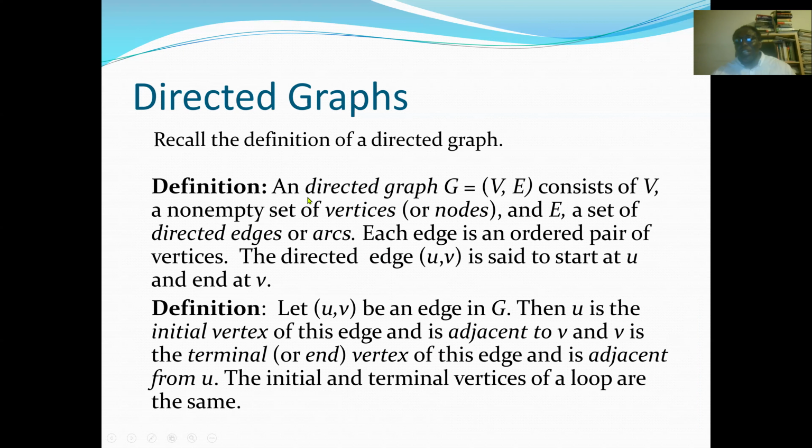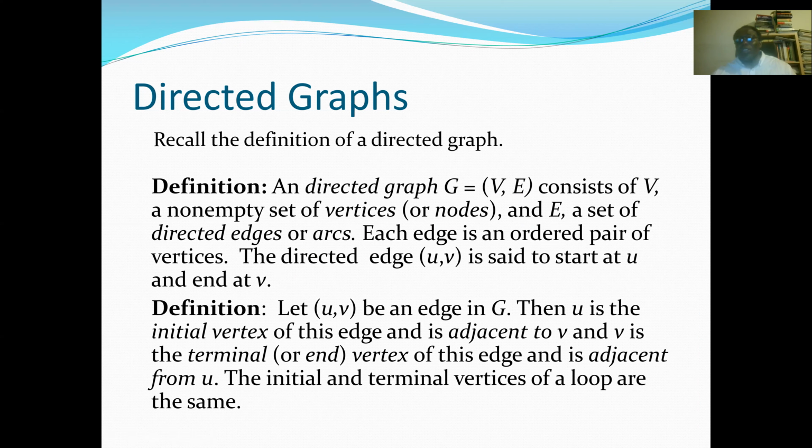A directed graph G equals (V, E) consists of V, a non-empty set of vertices or nodes, and E, the set of directed edges or arcs. Each edge is an ordered pair of vertices. It's the same rule as an undirected graph: each edge has two endpoints.